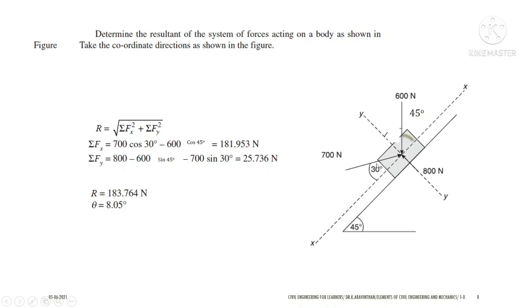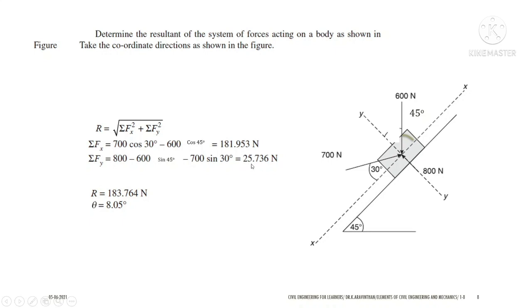If you resolve 700 Newton with respect to the y axis, 700 sin 30 will be acting downward, so it will be minus 700 sin 30. And 600 into sin 45 will also be acting downward, so minus 600 sin 45 degree. Now you have all the components, you can multiply and simplify to get the answer.